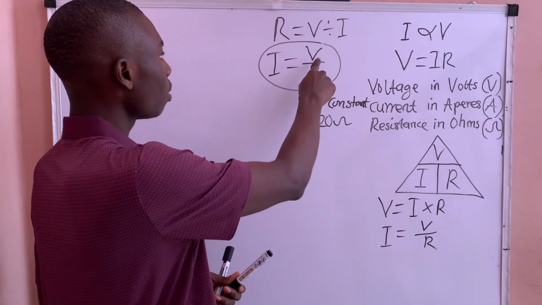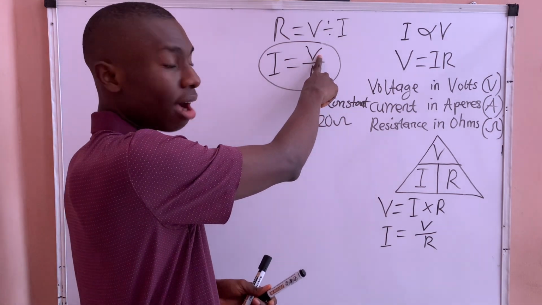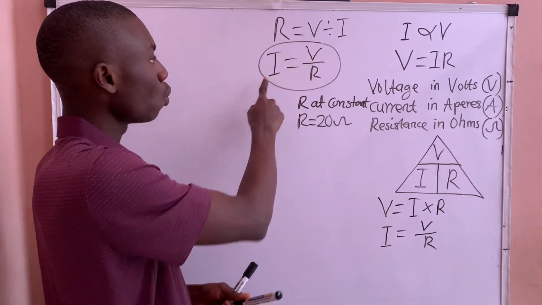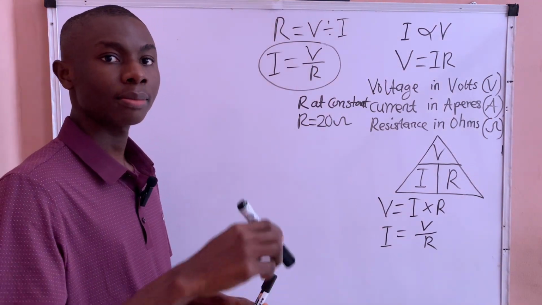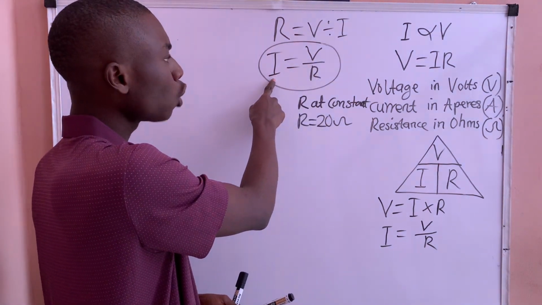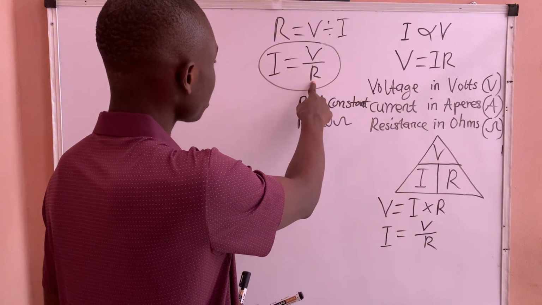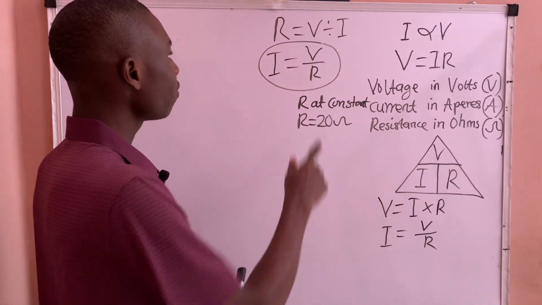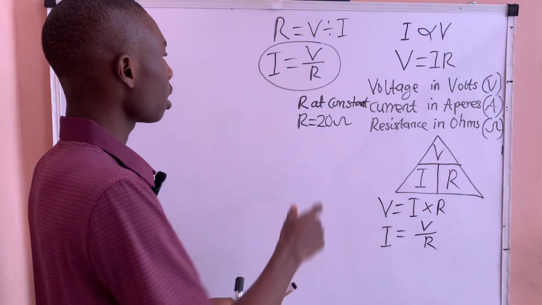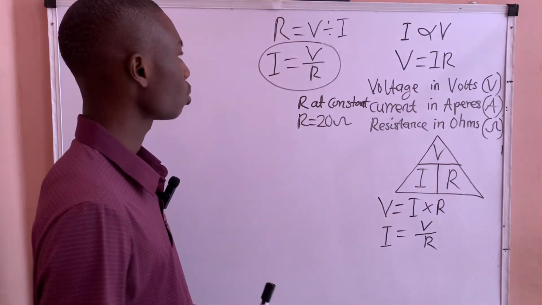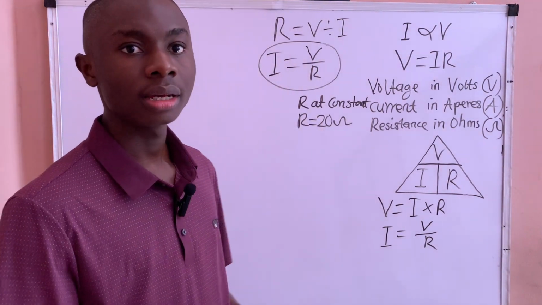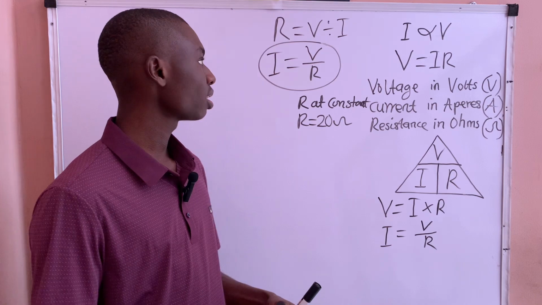If I increase voltage by half, current as well will increase by the same percentage. If I double voltage, current as well will double, inasmuch as the resistance R is kept constant. If I triple voltage, current as well will triple, inasmuch as resistance is kept constant. Remember, current and voltage are directly or linearly related.